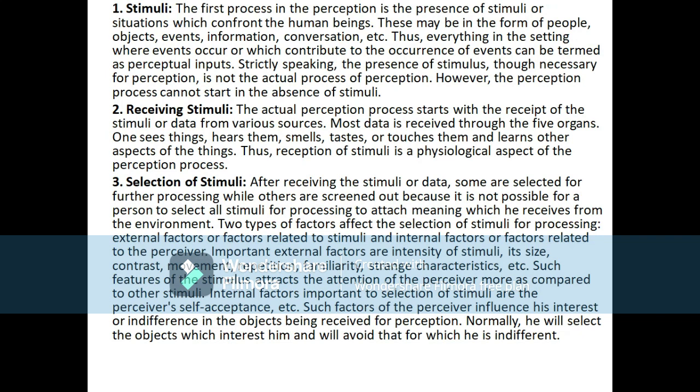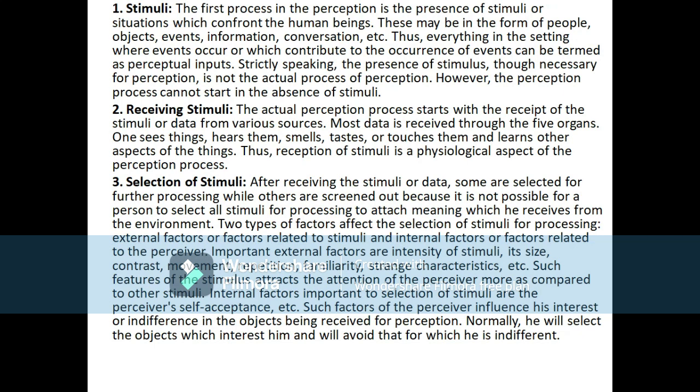The actual process starts from here, receiving the stimuli. The actual perception process starts with the receipt of the stimuli or data from various sources. Most data is received through the five organs. We have studied in the definition that through sensation and through the cognitive process, perception can be received. Sensation is nothing but using our sensory organs, like seeing, hearing, smelling, tasting and touching.